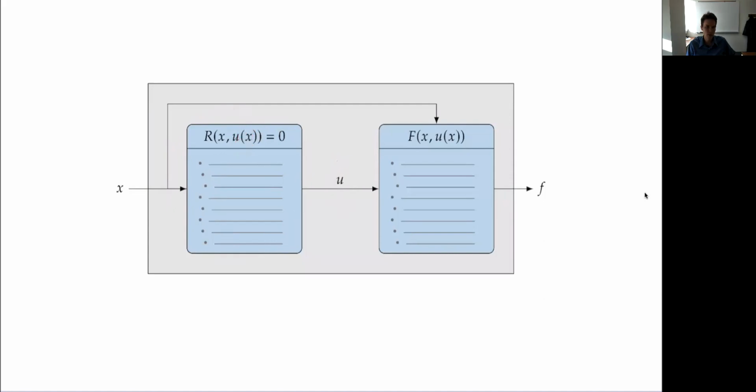Those are the state variables that I'm converging to, and so that comes out. And so u depends on x, right? And f, this output, is in general a function of both x and u. It may depend on both of these variables. And again, we're writing explicitly that u depends on x here. After I compute f, I get the outputs that I want. So these are some downstream things that may occur after this residual, potentially.